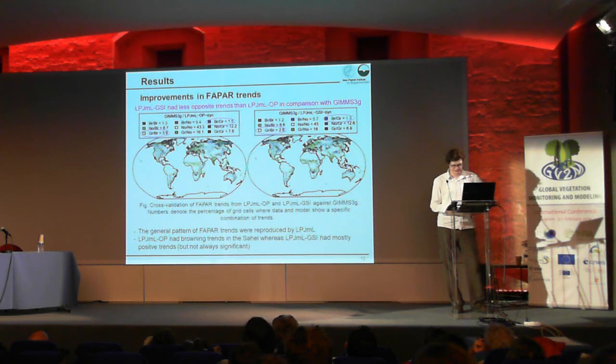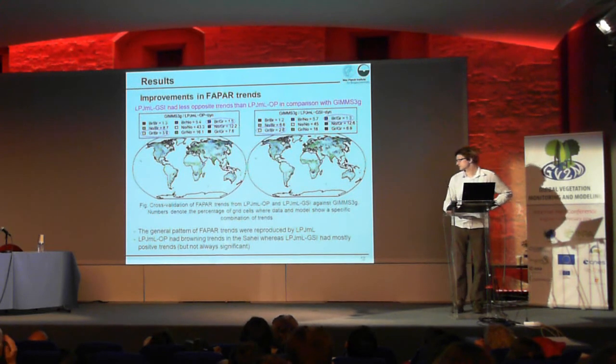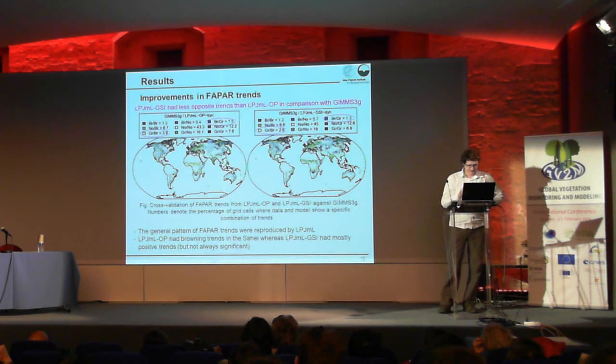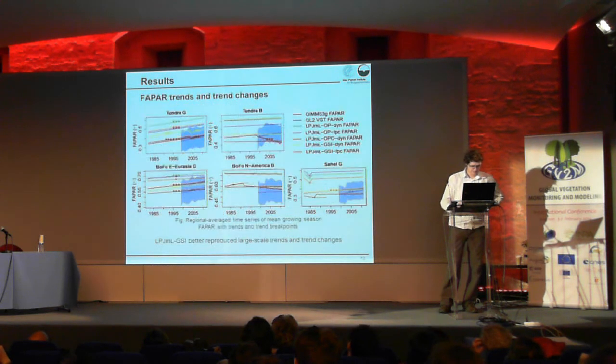And we can see there are slightly fewer opposite trends with the new phenology here. In the maps, only pixels with significant trends are plotted. Yeah, the general patterns of the trends are reproduced, but differ across models.